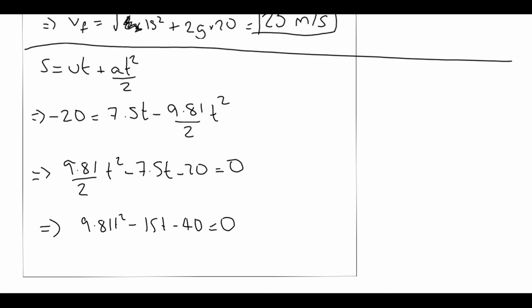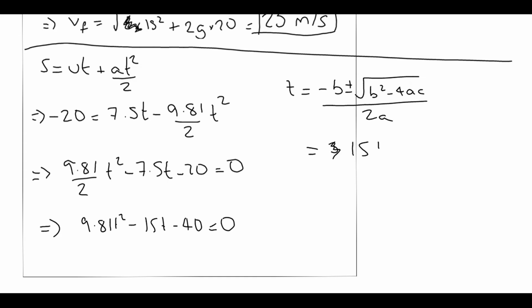So remember, our quadratic formula is minus b plus or minus the square root of b squared minus 4ac, all over 2a. So that's going to be 15, because it's minus minus 15, plus or minus the square root of 15 squared minus 4 times 9.81, because that's what multiplies t squared, times minus 40, all over 2 times 9.81.